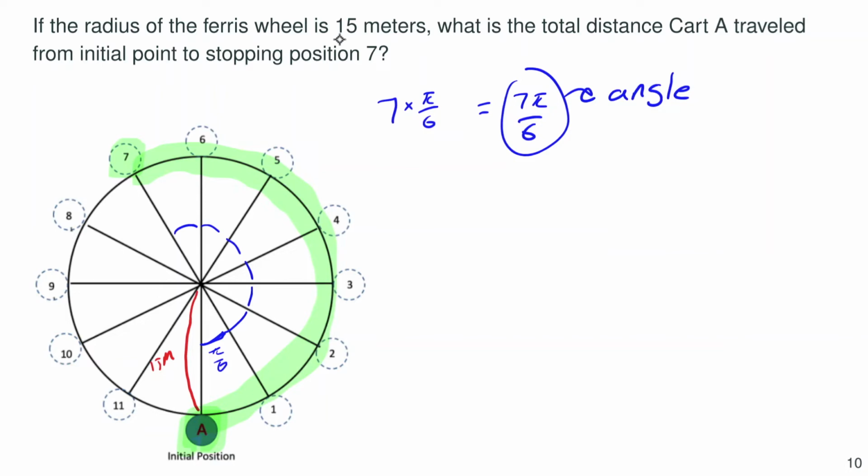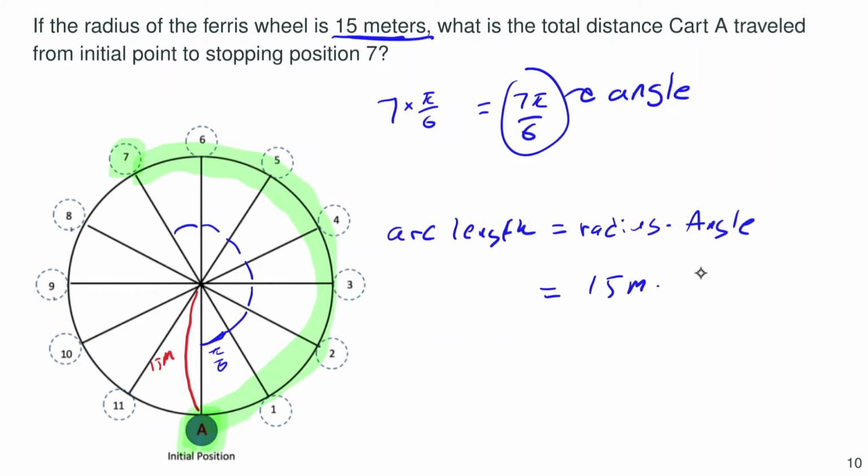Since now it tells us the radius is 15 meters, the arc length is the radius length times the angle. In this case, the radius is 15 meters and the angle is 7 pi over 6.